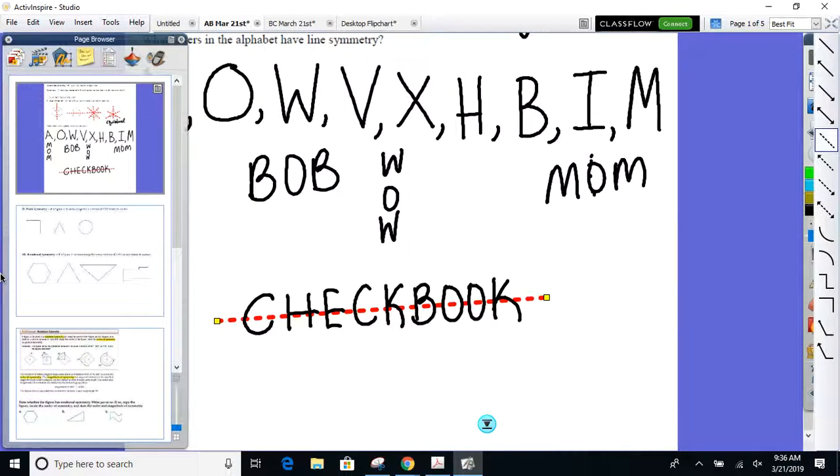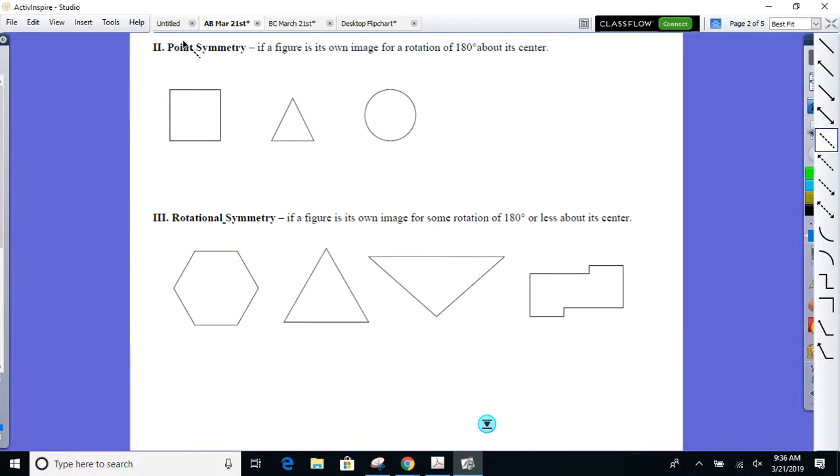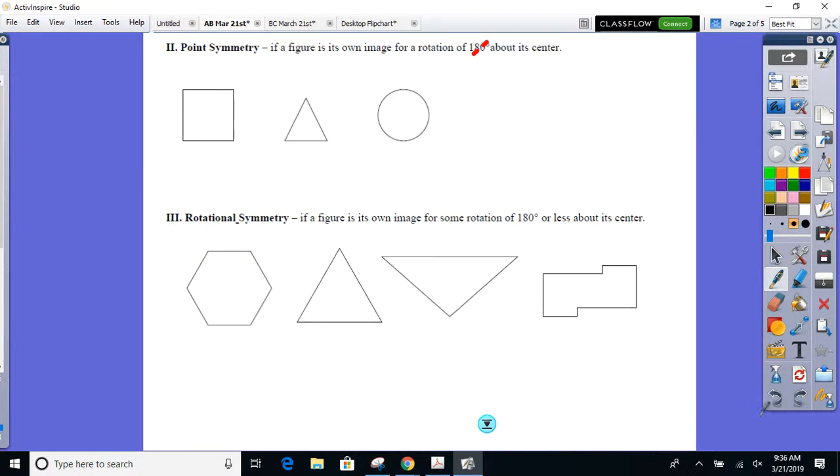All right, now, new to you, a new type of symmetry: point symmetry. Basically, take a figure, turn it upside down, it's the same figure. That's point symmetry. All right, 180 degrees, it can be rotated, and it's the same figure.